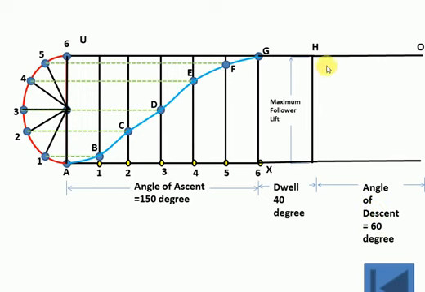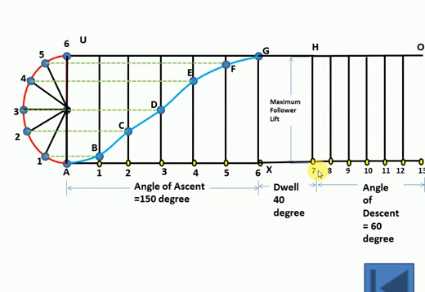So we'll take point H and point 7 on the x-axis. We'll divide this angle of descent also in 6 equal parts, say 7, 8, 9, 10, 11, 12 and 13. We will draw horizontal lines from points 7, 8, 9, 10, 11, 12 and 13.